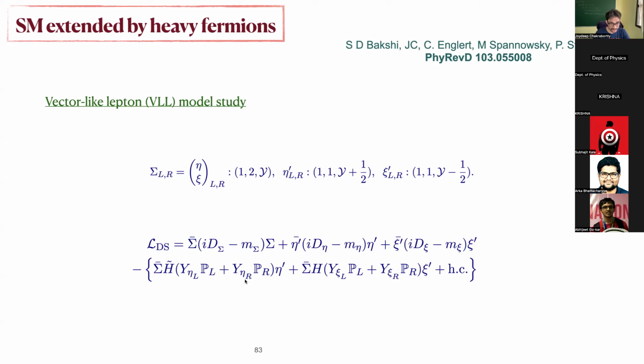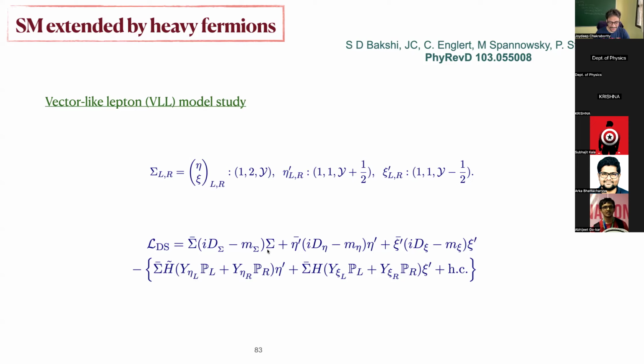But if you want CP violation, then your y_ηL is not equal to y_ηR. Their magnitudes could be the same, but their phases are different. So the phases of these couplings are different, and that's the signature of CP violation in this kind of theory.